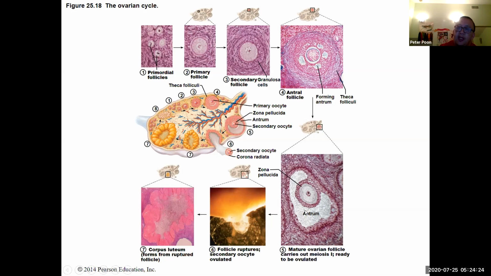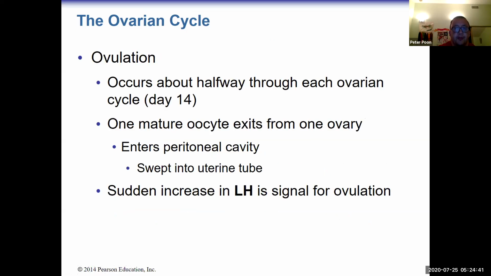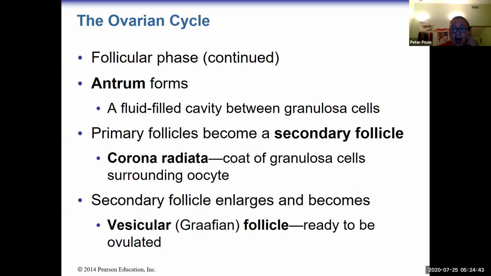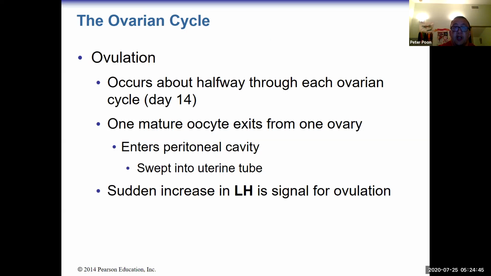At this point, this fluid will start to swell and eventually burst. When it bursts, it pops this whole structure out, and that is ovulation.